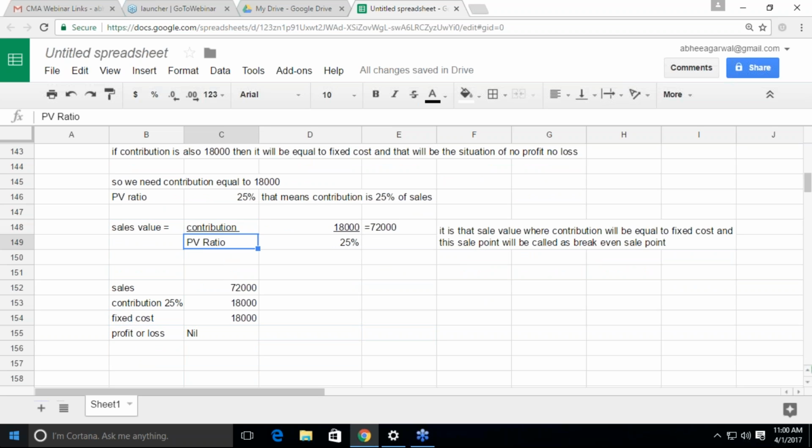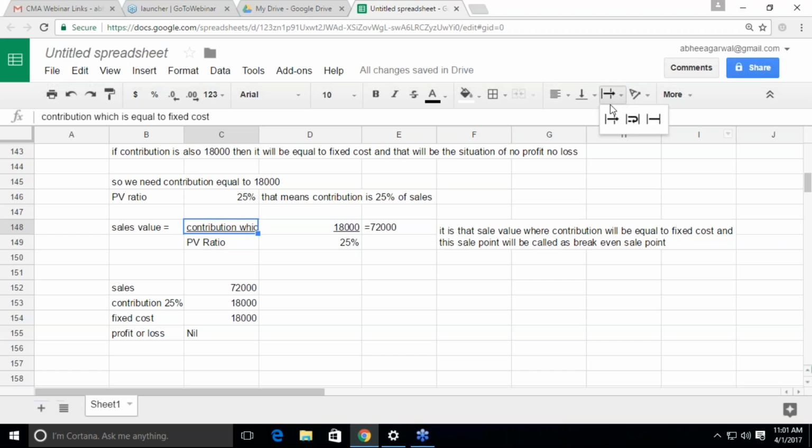So contribution upon PV ratio, but what is the nature of that contribution? Contribution which is equal to fixed cost. That kind of contribution we want.